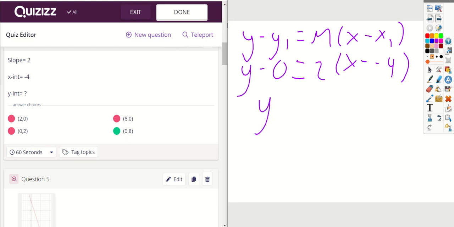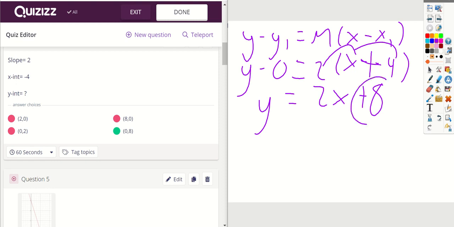I'm going to subtract 0. 2 negatives touching means plus. I'm going to distribute. I get 2x plus 8. So what is my y-intercept? It's 8, and we would write that when x is 0, y is 8.